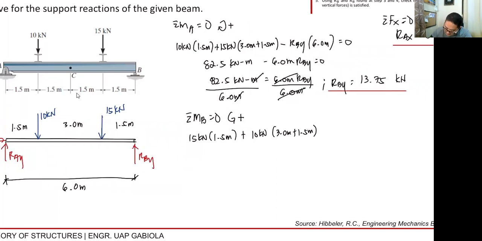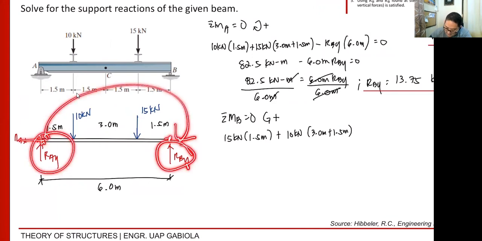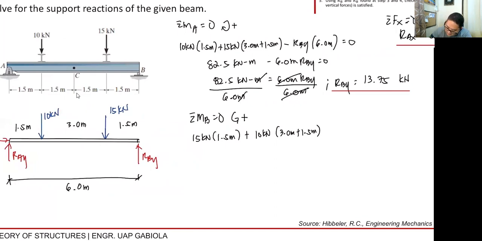Okay? And then what else can rotate about B? RAX is 0, it will not rotate. RBY is at that point, it will not rotate. Only RAY is left, whose rotation is clockwise. Okay? Which is opposing our assumed direction. So minus RAY times 6.0 meters is equals to 0. So now, let's combine this again. So 15 times 1.5 plus 10 times 3 plus 1.5. That is 67.5 kilonewton meter.